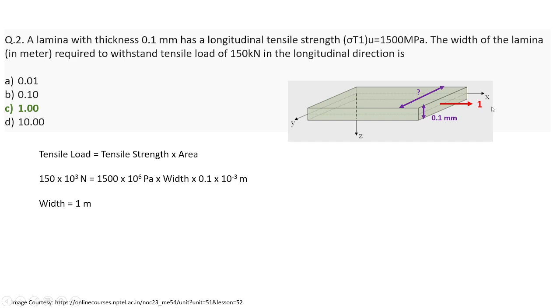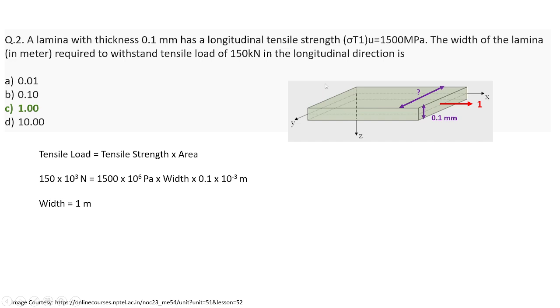When we're talking about the load in one direction, we take the area which is normal to the applied load. So from that we get this equation: tensile load is equal to tensile strength times the area, which is the normal area in the direction in which the load is given.